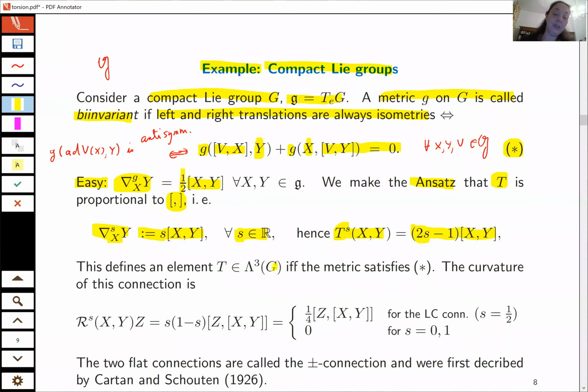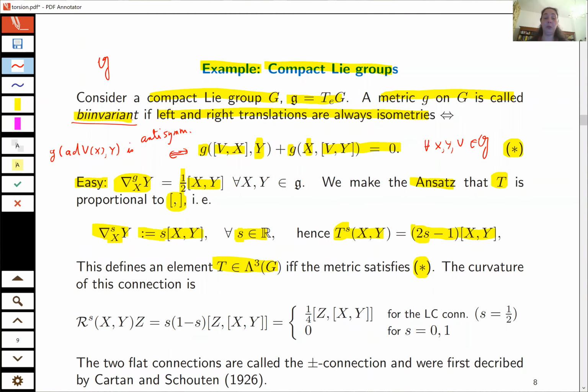And you see, this is going to be a three-form if and only if the metric satisfies equation star. So being a three-form, or being a skew torsion tensor, is equivalent for the metric to be invariant. Right? And so since we started with a bi-invariant metric, we have that property.